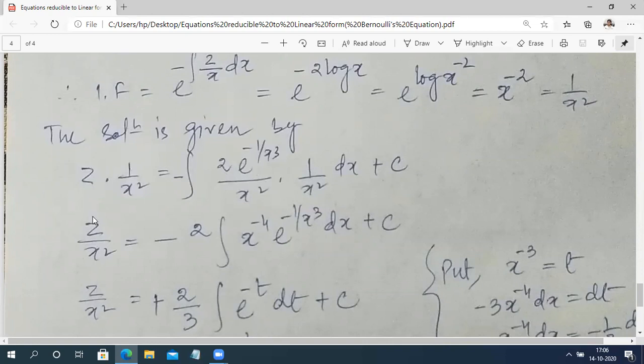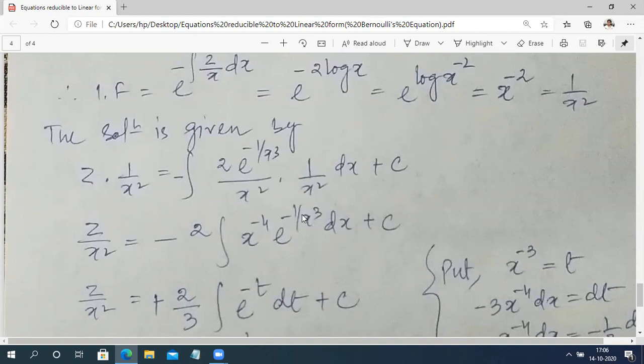Now z by x square is equal to minus 2 times the integral, and here you can write it like this: x raised to the power minus 4 e raised to the power minus 1 upon x cube.